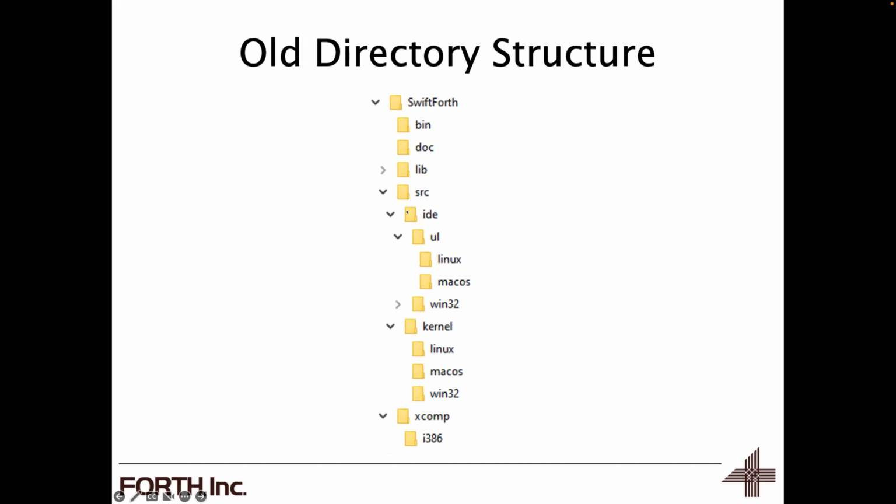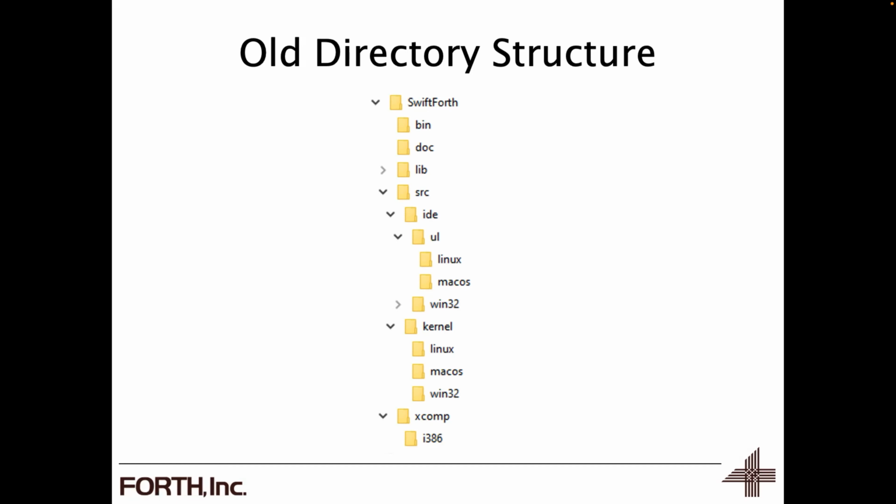And then at the higher level, we have the interactive development environment IDE section, each of which has those same subdirectories. Note that there's one intervening one, UL, for Unix-like, because the Linux and macOS themselves share an awful lot of code at that level.